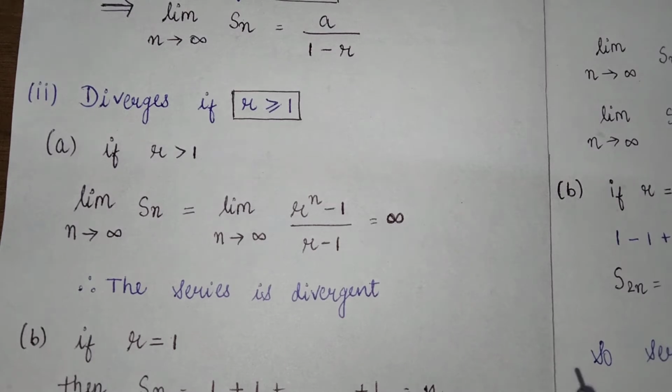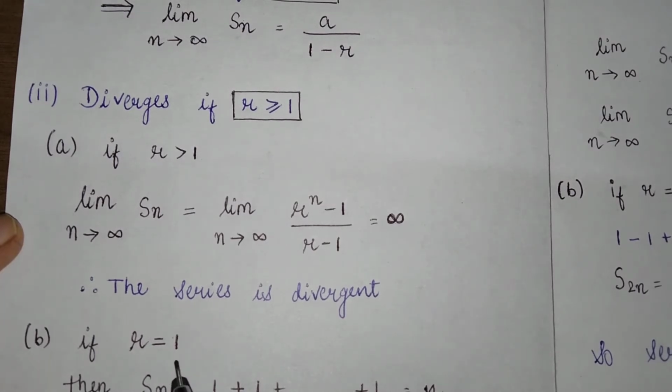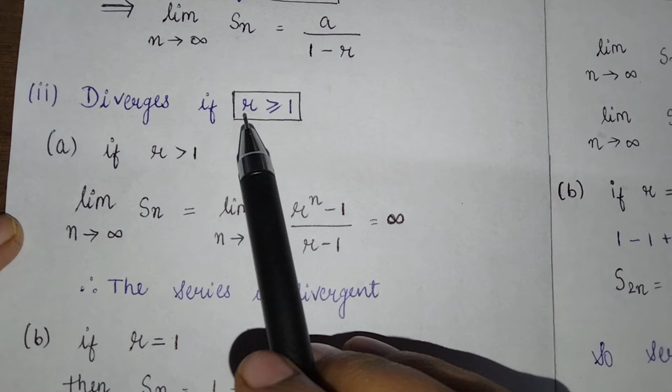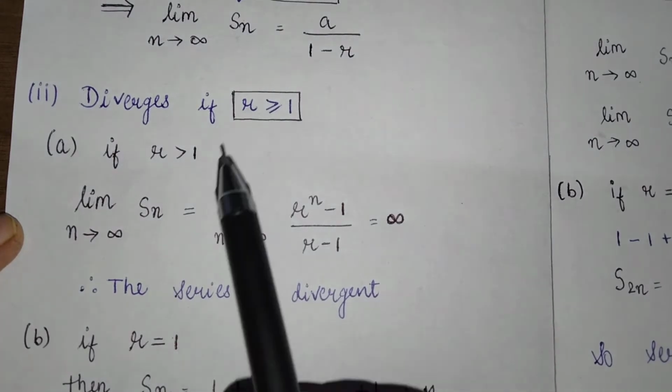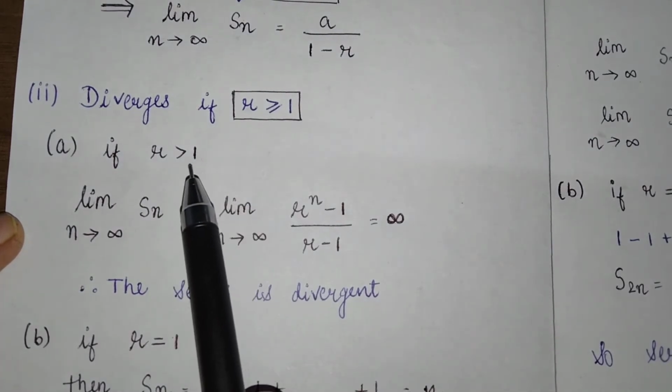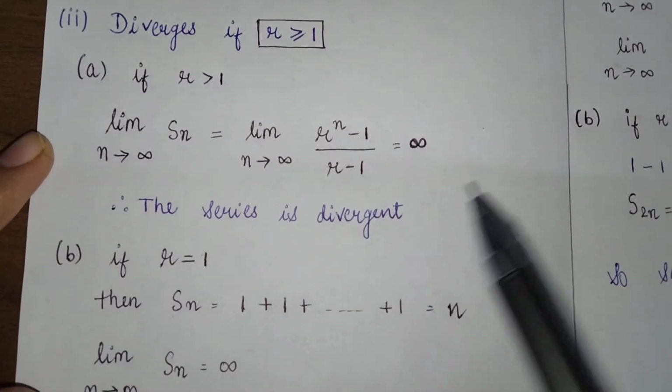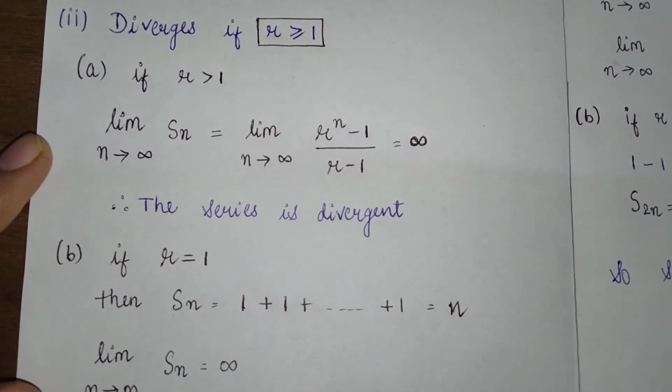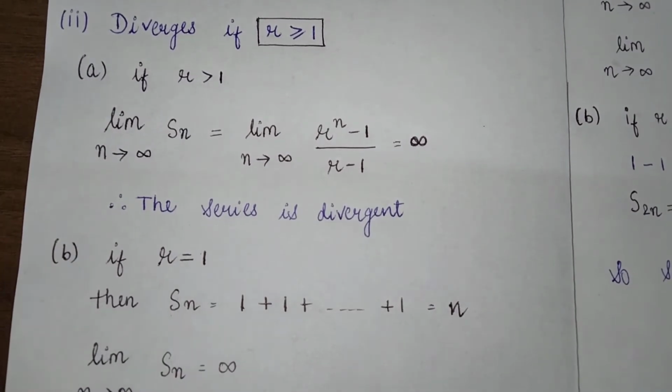Now, we have divided this into two parts. Whenever r is greater than 1, the answer will be divergent. Similarly, when r is equal to 1, the answer will also be divergent.